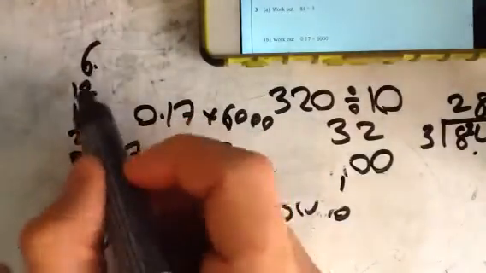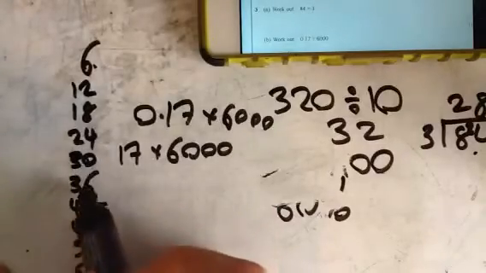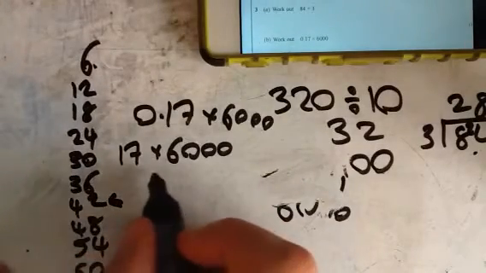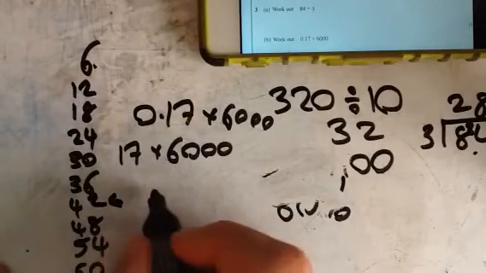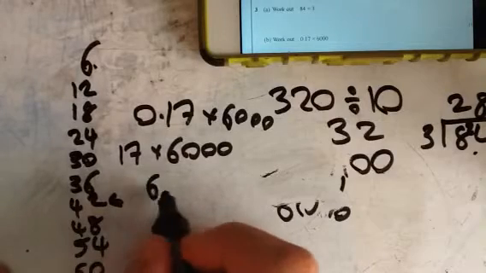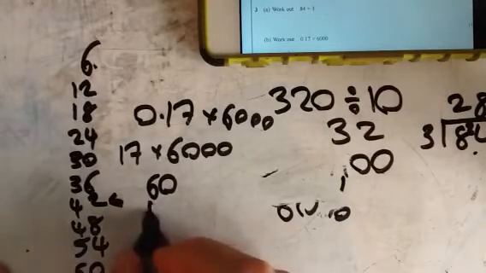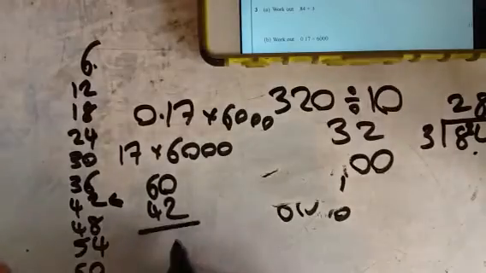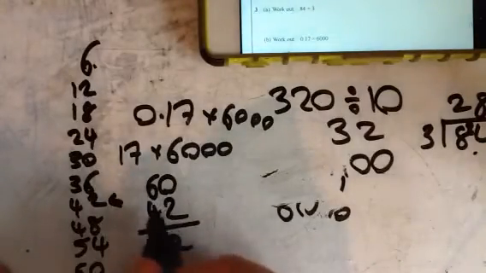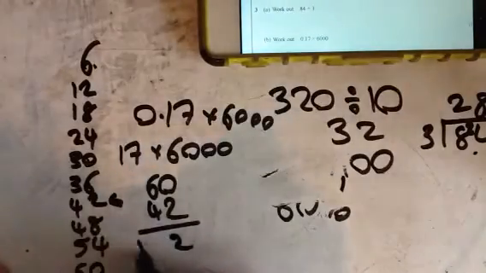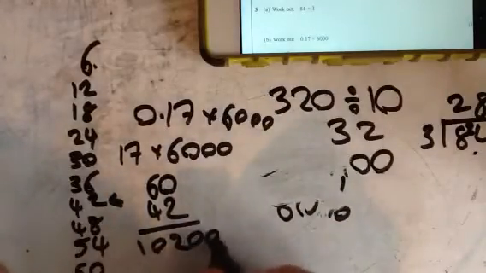So 1, 2, 3, 4, 5, 6, 7. Okay. So I know 6 times 10 is 60. I know 6 times 7 is 42. Add them together. It's 102. Add my 3 zeros.